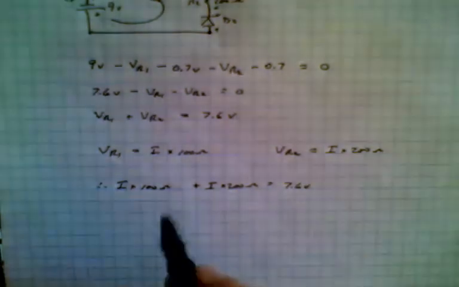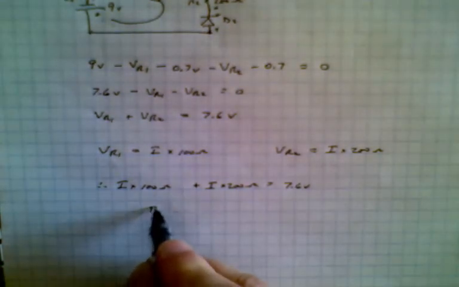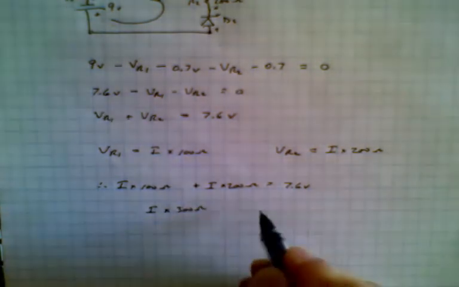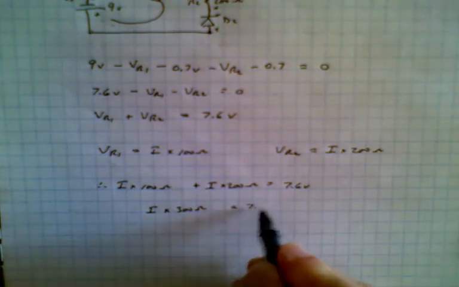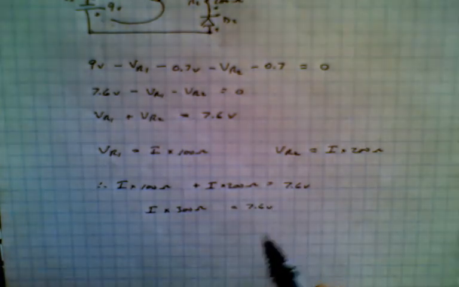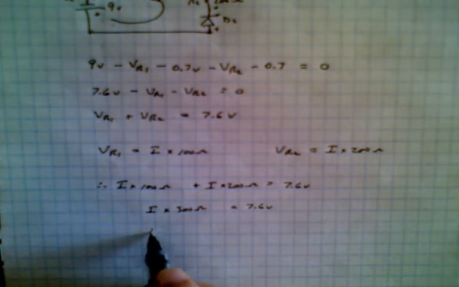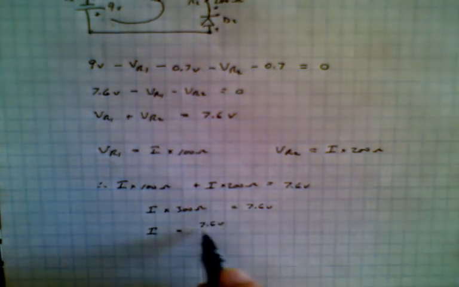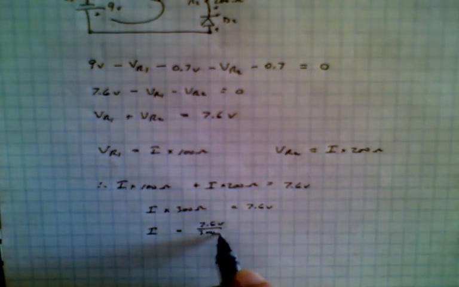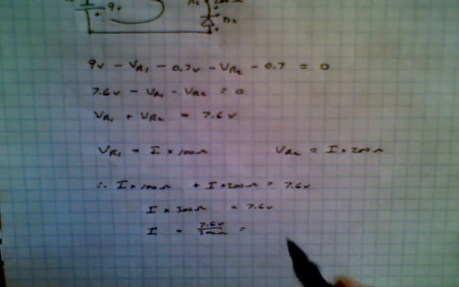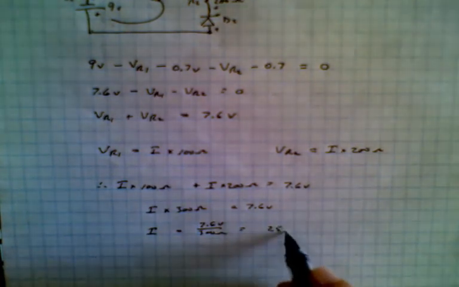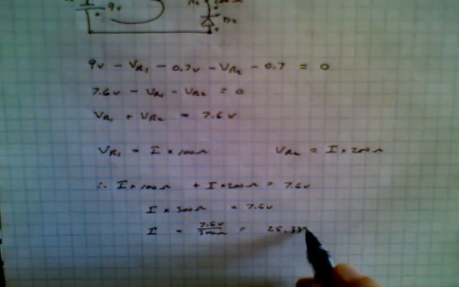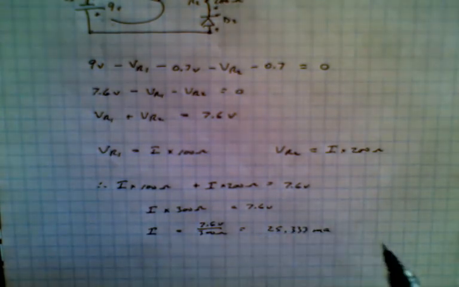Of course we can factor out the I, so it's I times 300 ohms is equal to 7.6 volts. And we can calculate I as being 7.6 volts divided by the 300 ohms, which is equal to 25.333 milliamps.